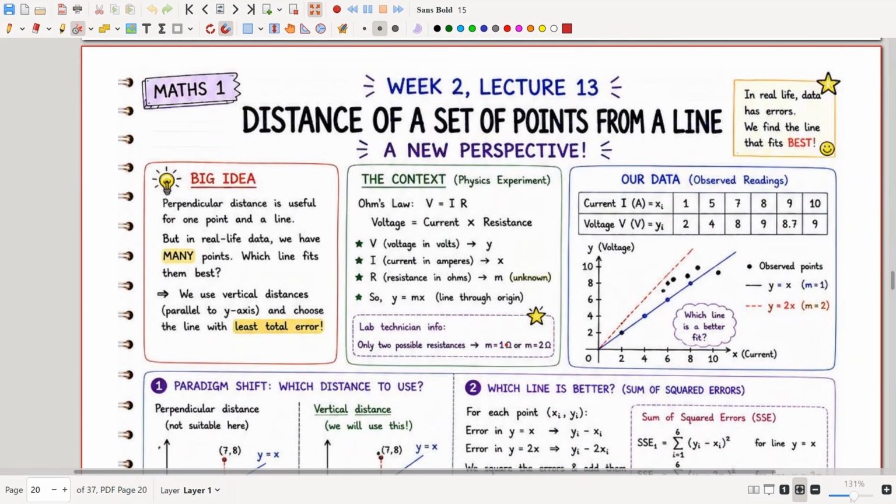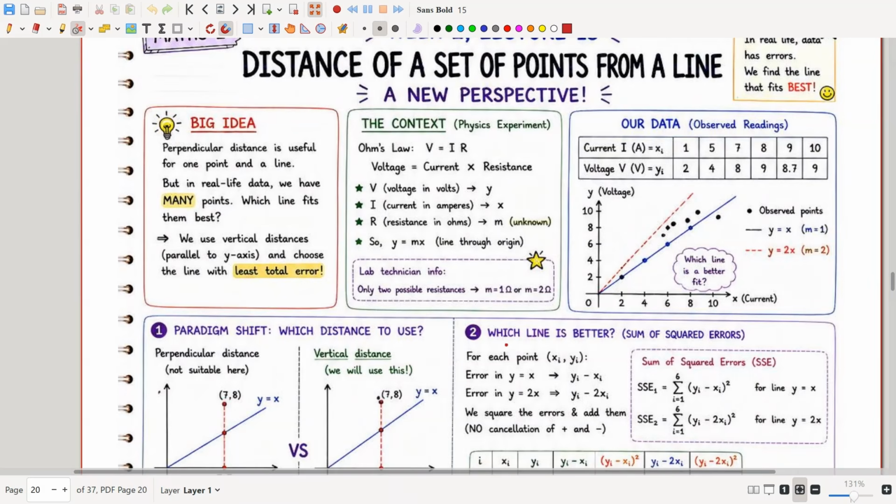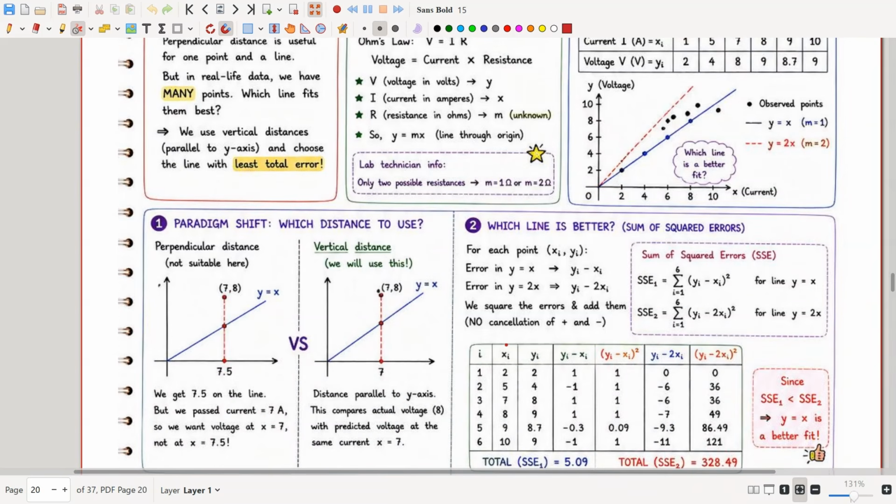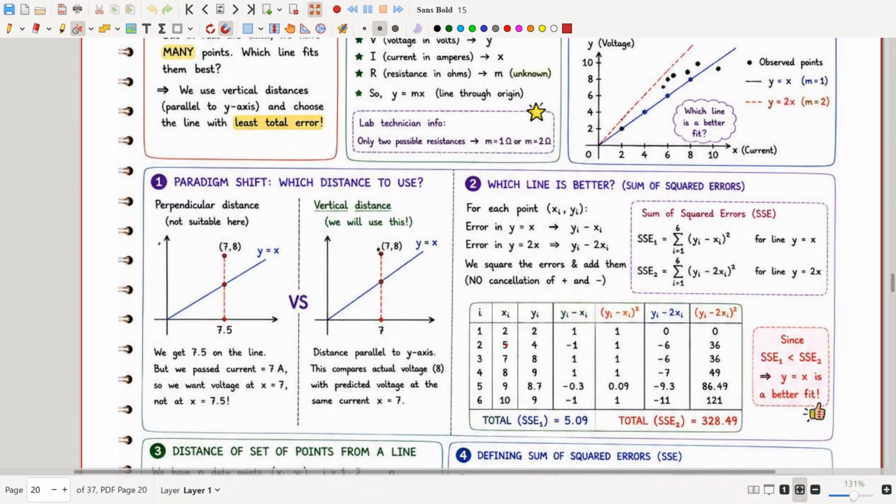Okay, now let us see the distance of a set of points from a line from a new perspective. To understand which line is better, we will be using the sum of squared errors, which is the summation of all the actual minus predicted values.